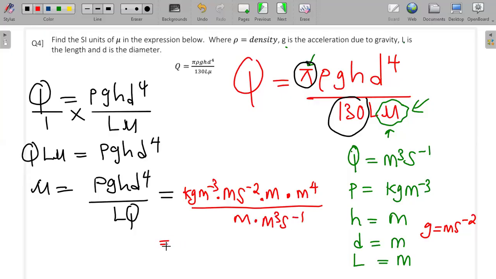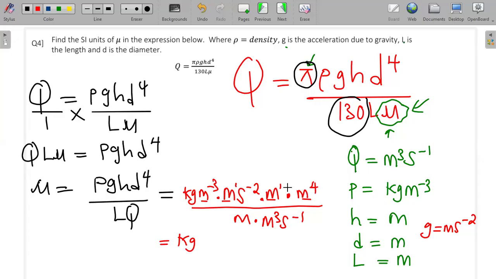So let's just combine whatever we can combine. On top, I have kg. This is the meter, meter, meter, meter, so I can combine their powers. This one is power 1, this one is power 1, this one is power 4. So minus 3, plus 1, plus 1, plus 4.